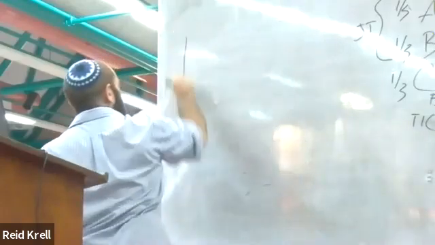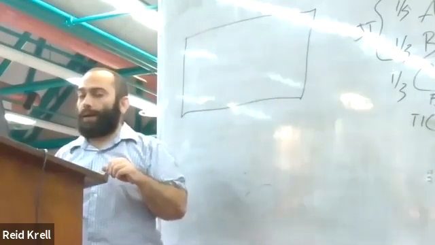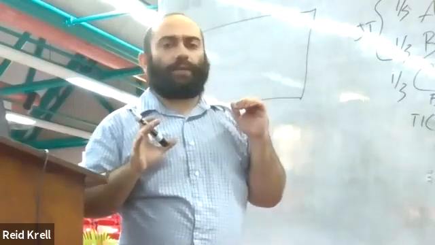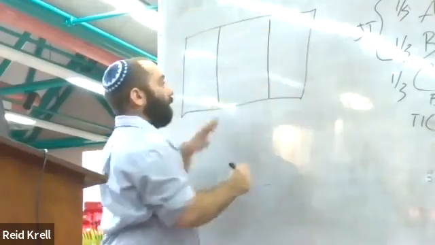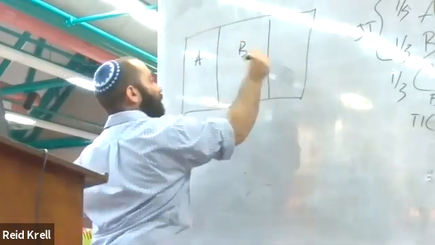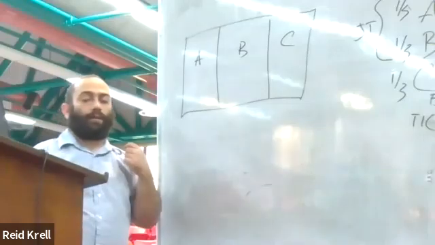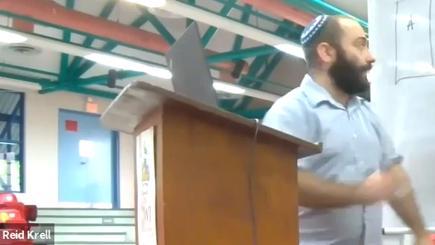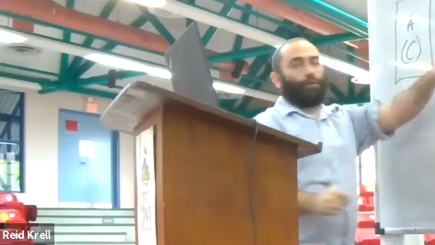We have a piece of property, and we know that the interest is divided among three owners, A, B, and C. We also know that there's a future interest, and it is owned by C and applies to all three of them.